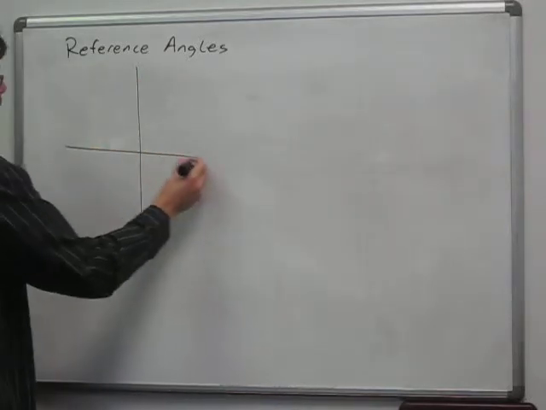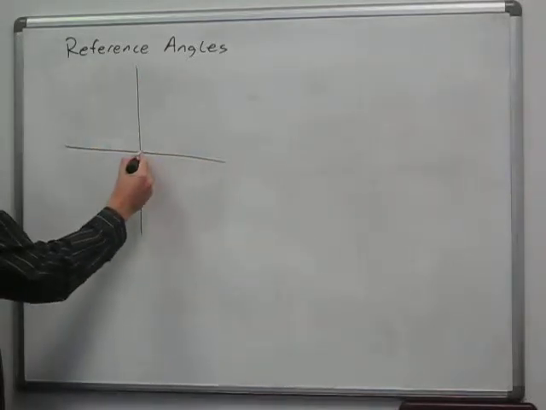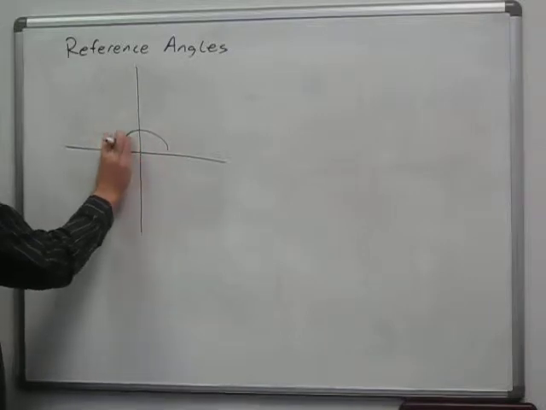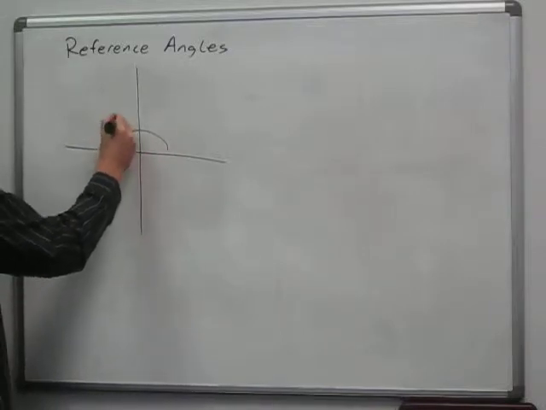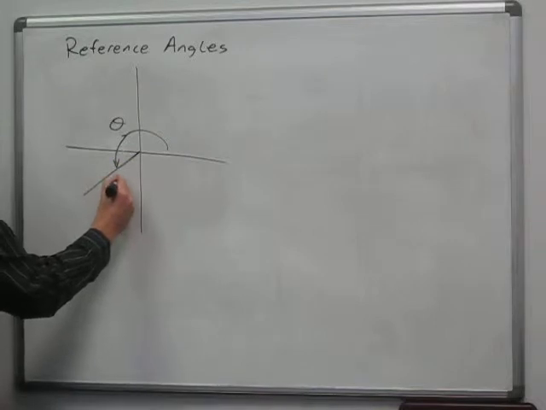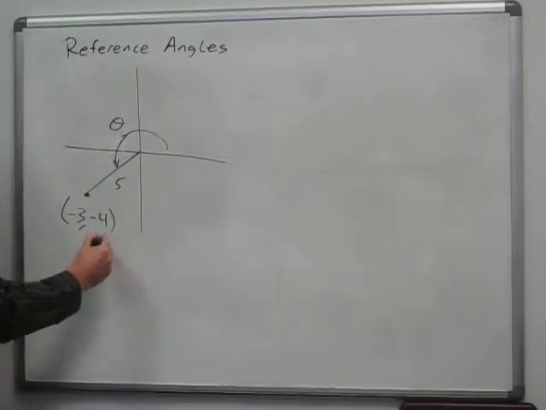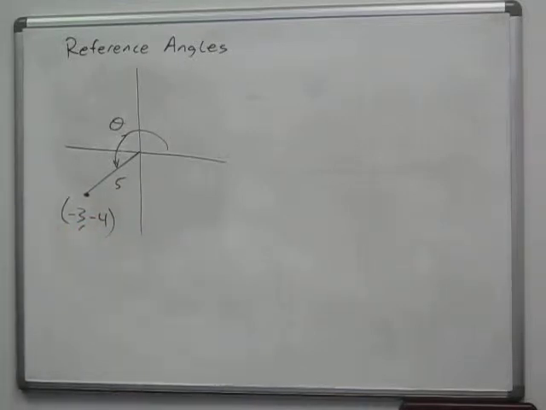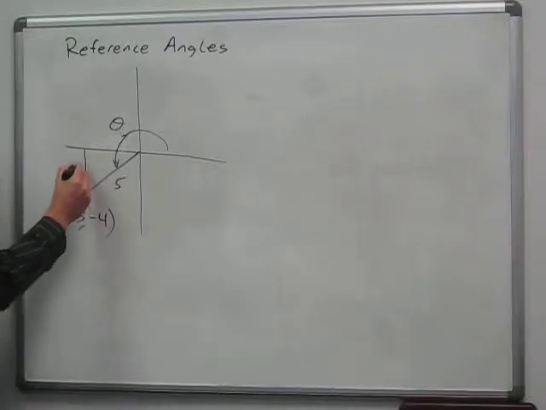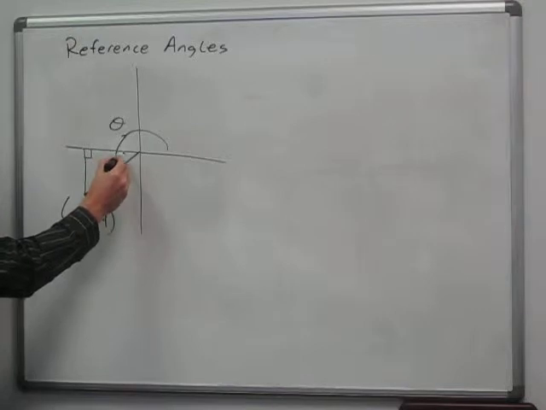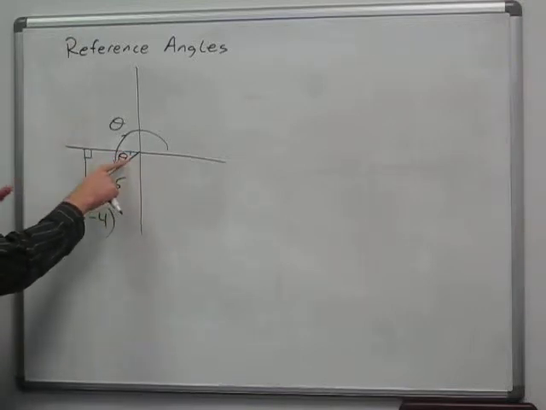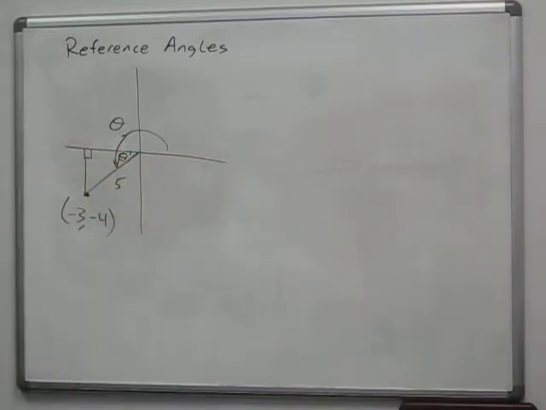What if I take an arm of length 5 and rotate it into quadrant 3 so that it lands at the point (-3, -4). Again, we have a right triangle sitting here, and this theta prime is some angle between 0 and 90.